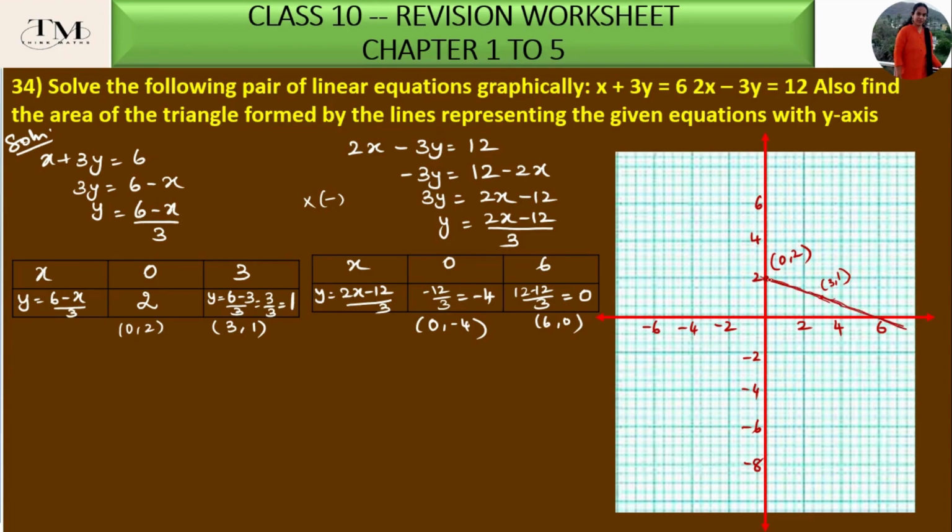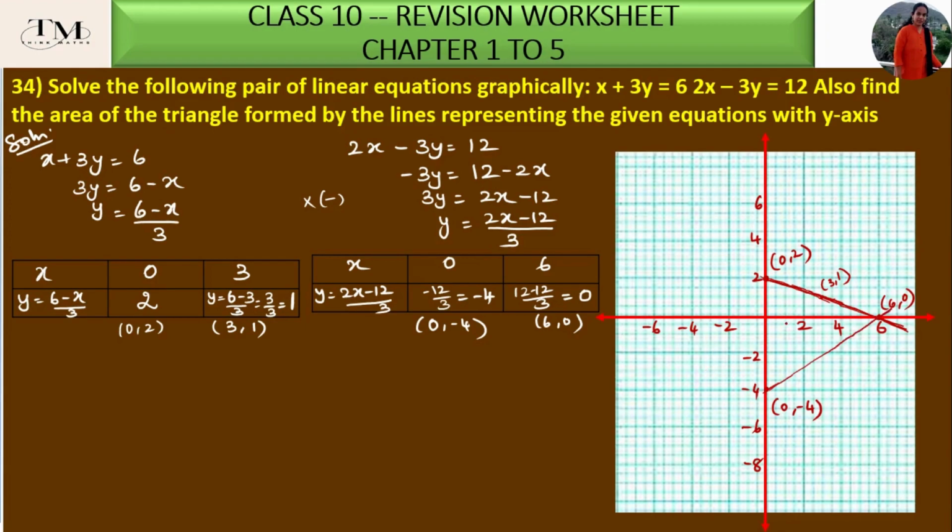So if you draw using the scale, the line will be perfect. Next one, it is 0 comma minus 4. So 0 is here, minus 4 is here. So 0 comma minus 4, 6 comma 0. So this is 6 comma 0. So join 0 comma minus 4 and 6 comma 0.